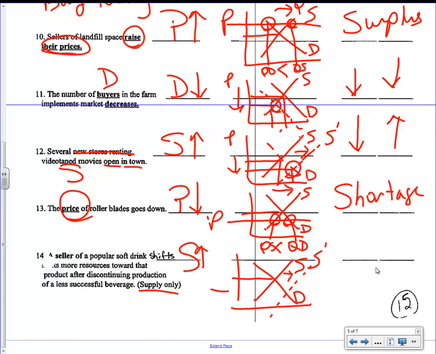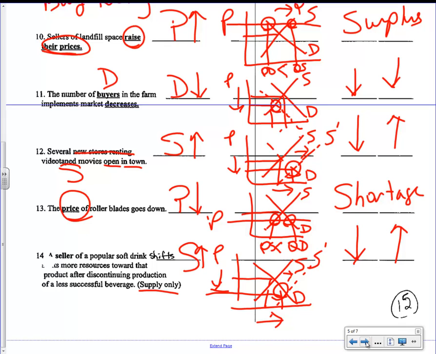Here's our new equilibrium. So price has gone down and the equilibrium quantity has gone up. Price down, quantity up.